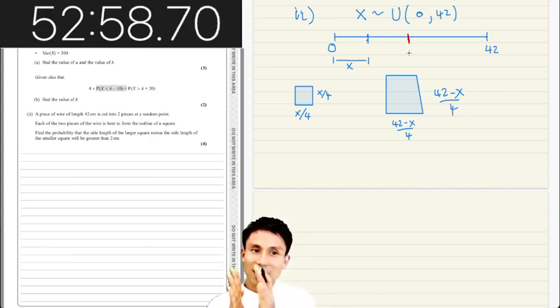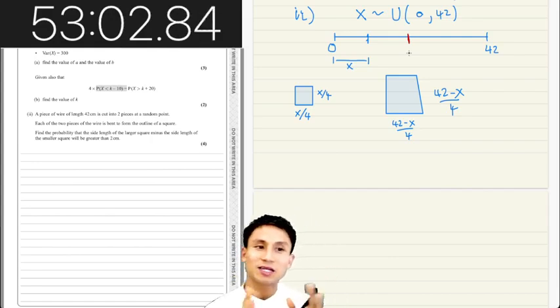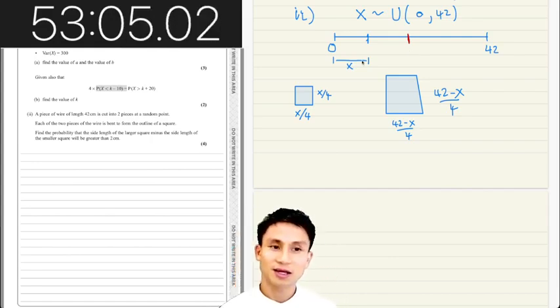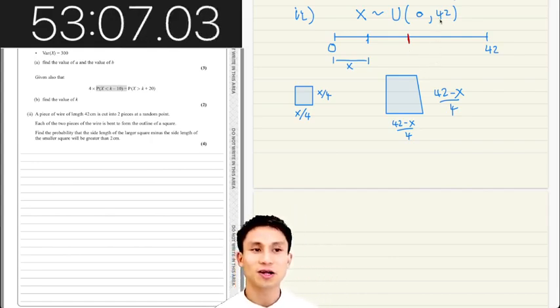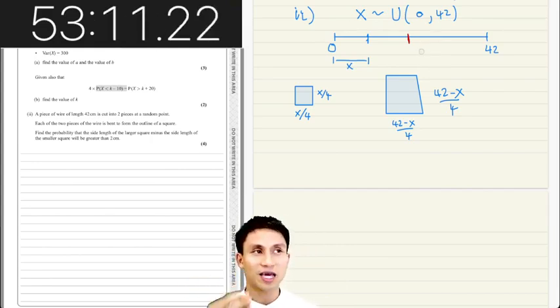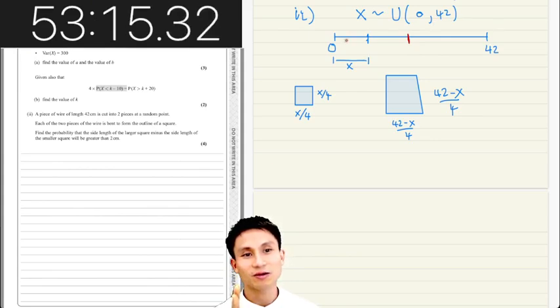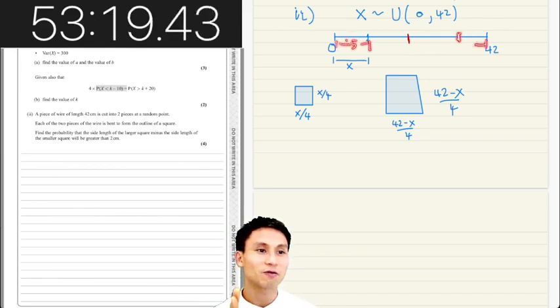So that means you are only caring about 0 to 21. It's like multiplying each case by 2, because cutting somewhere, let's say 5 from the left, is the same as cutting 5 from the right.